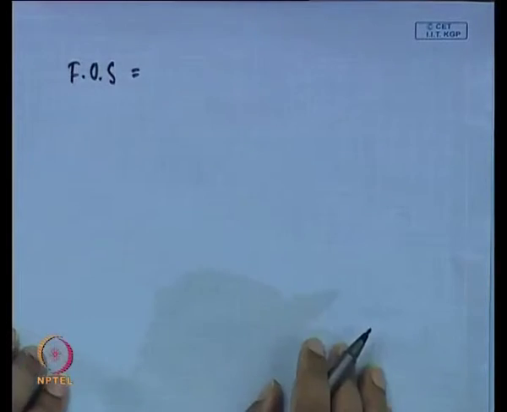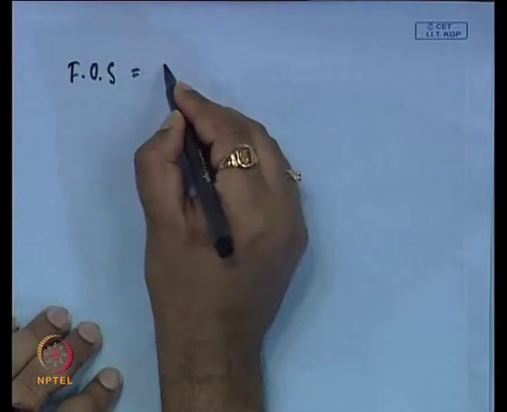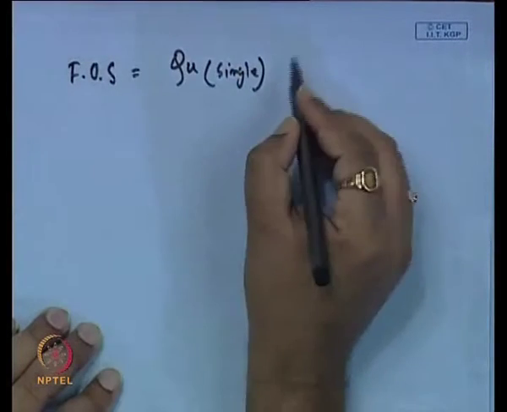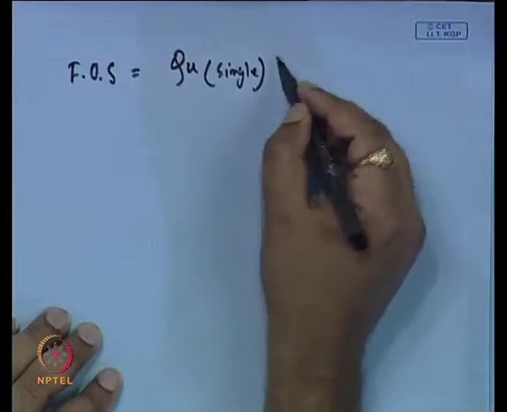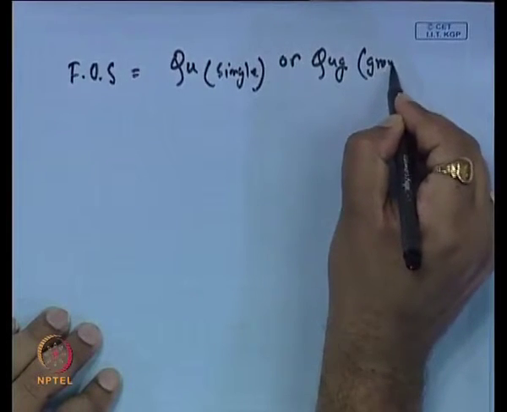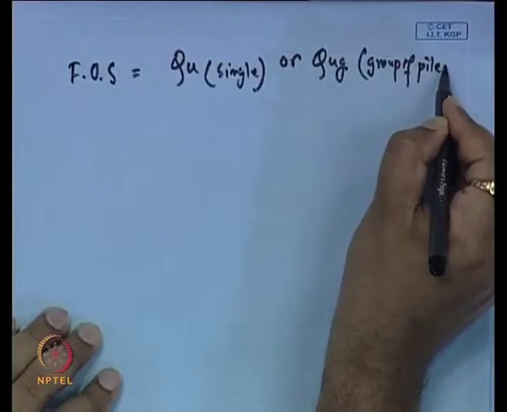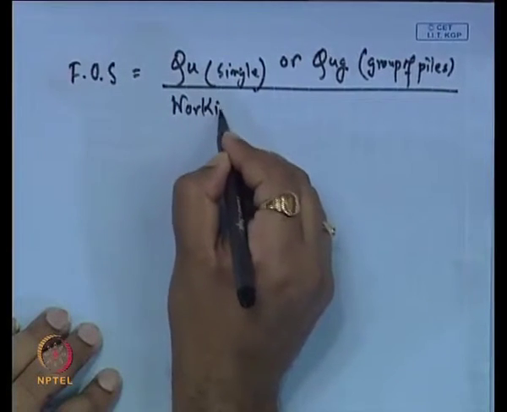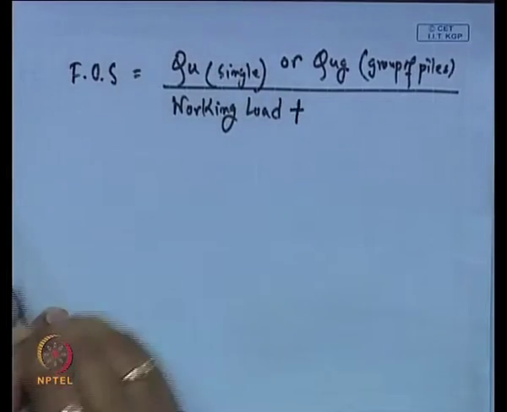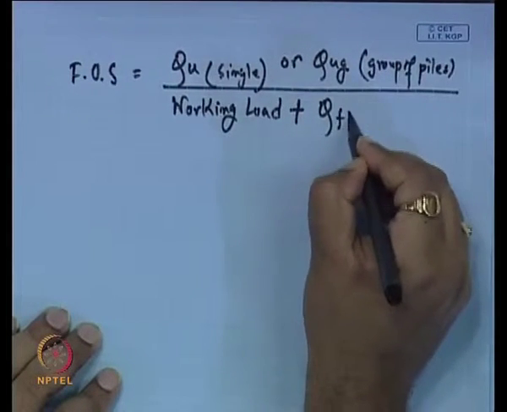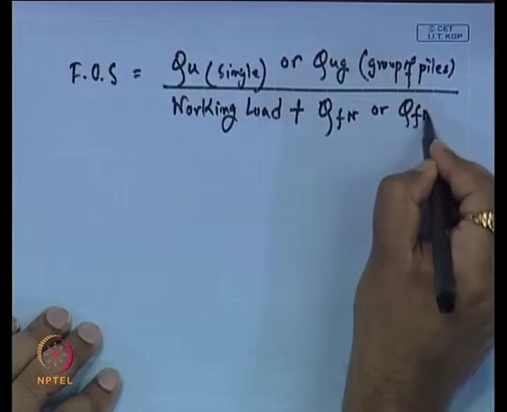So, then we have to calculate the factor of safety. Now, factor of safety is the ultimate load carrying capacity of the pile, single pile or Qug, group of pile, divided by the working load plus the negative skin friction, that is Qfn or Qfng.